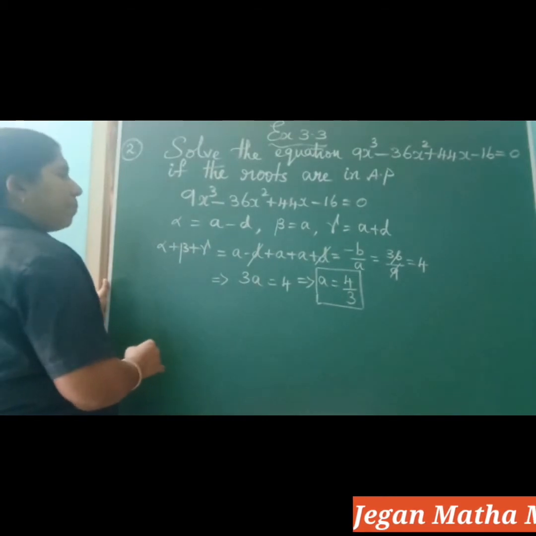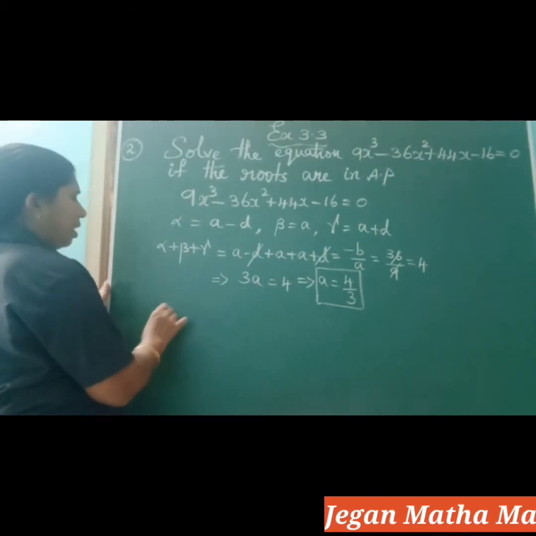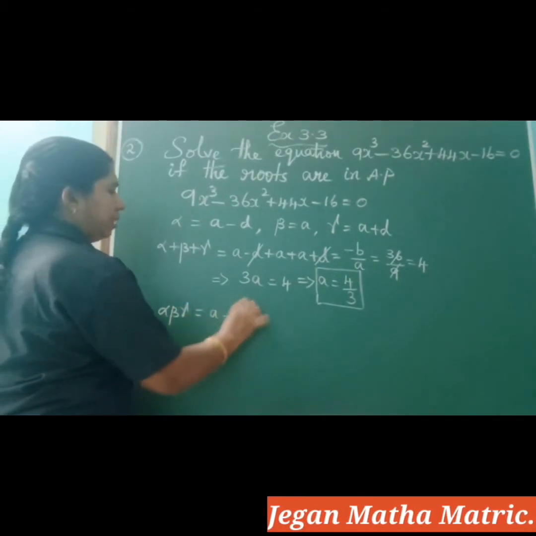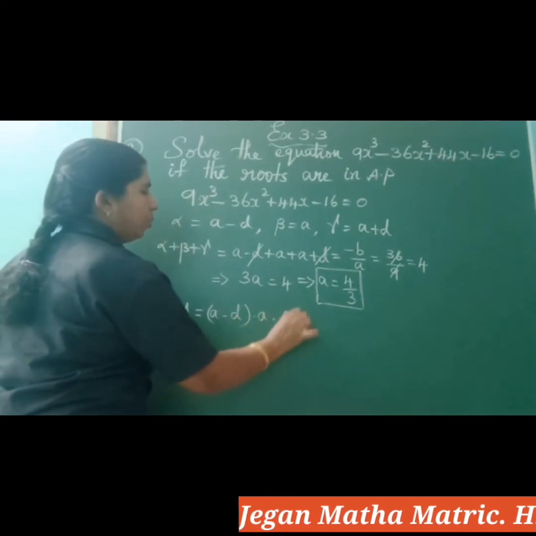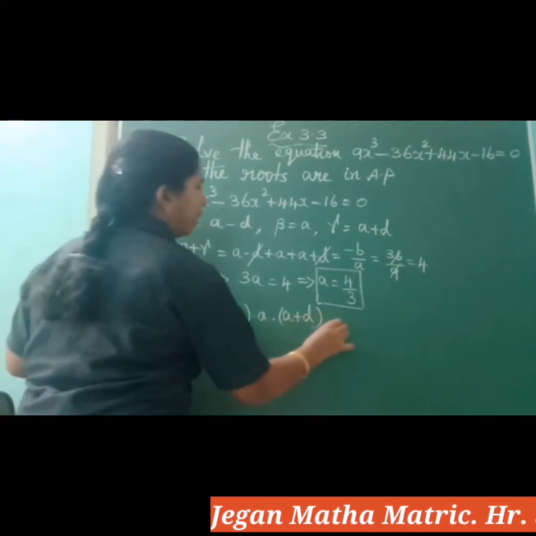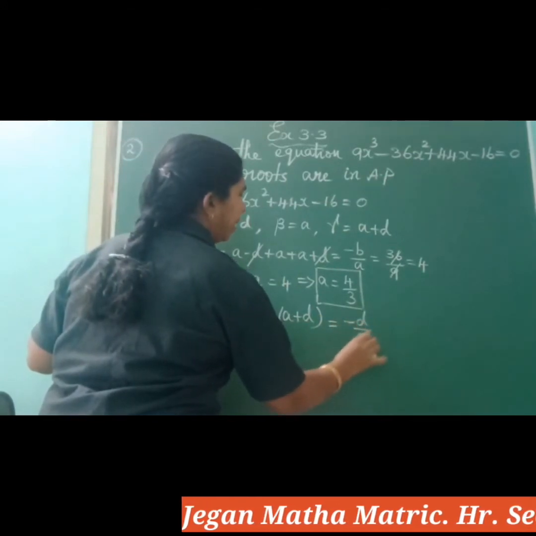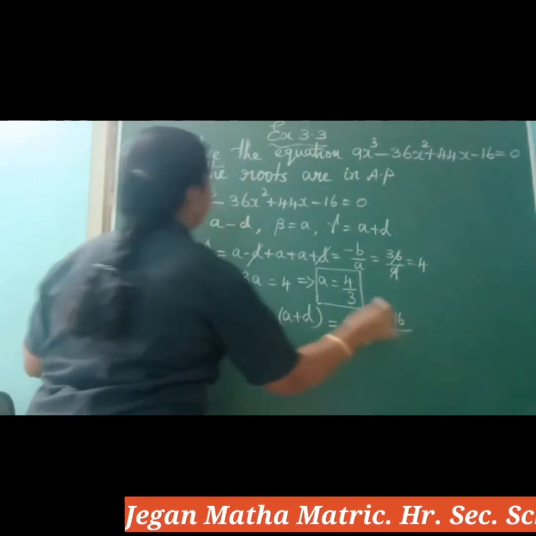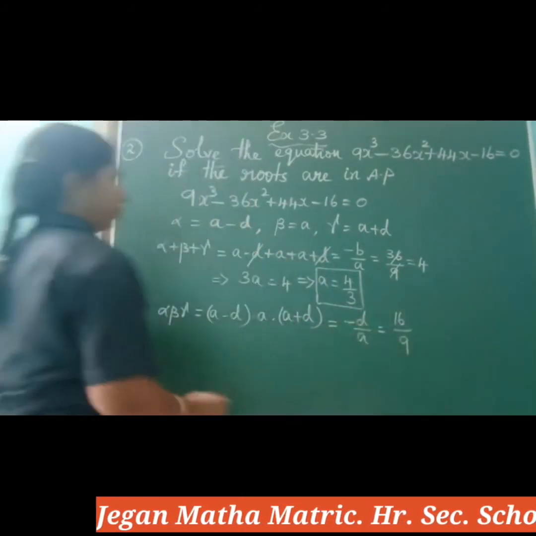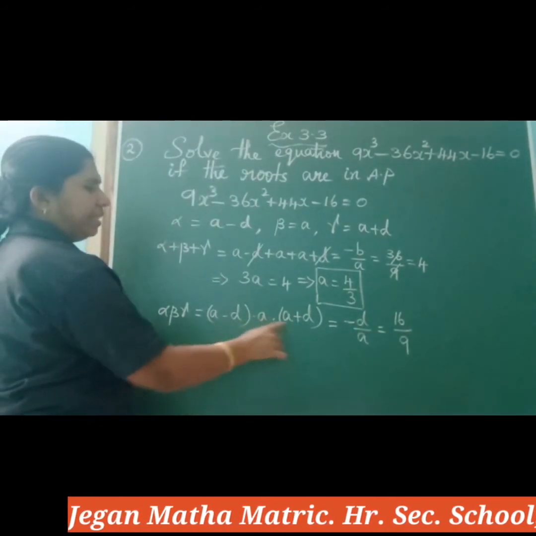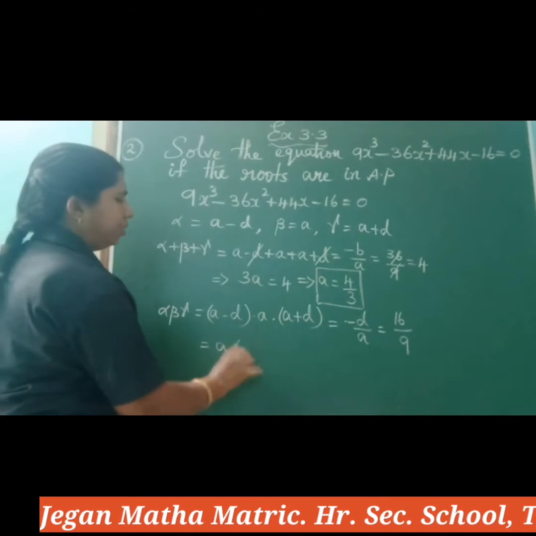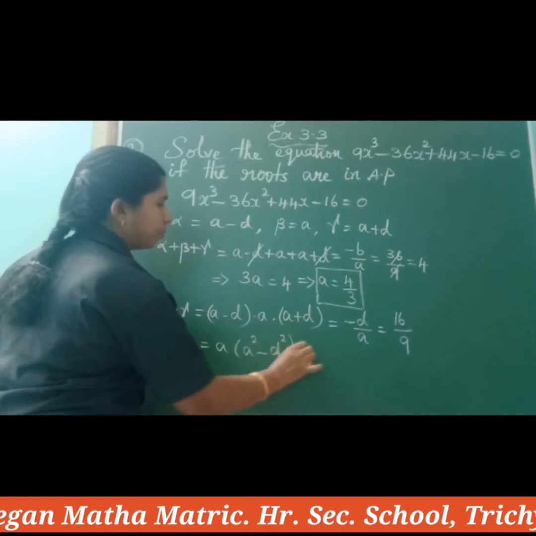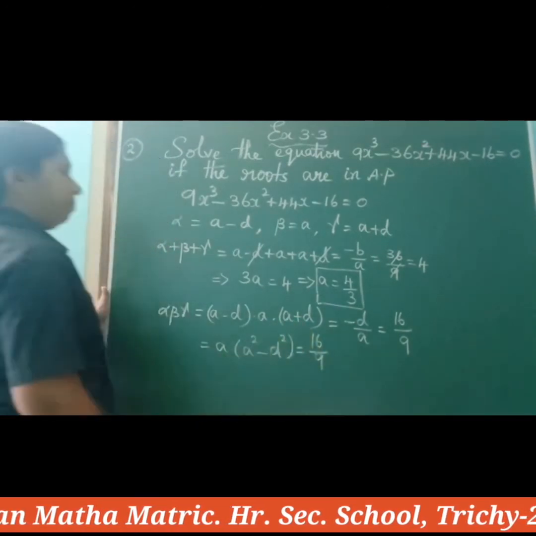Next, you can find the product of the roots. Product of the roots alpha, beta, gamma is equal to a minus d into a plus d. The formula is minus d by a. What is the value of d? Minus 16. So 16 divided by 9. So when you come back, a minus d into a plus d, so a into a square minus d square equal to 16 by 9.